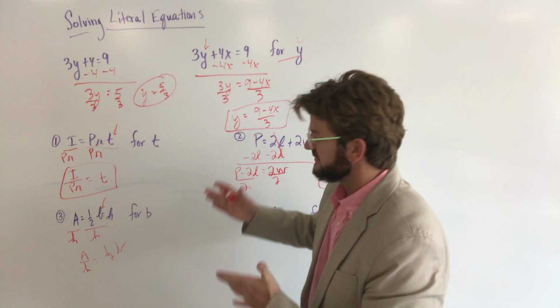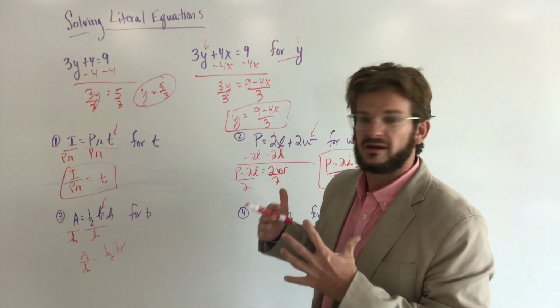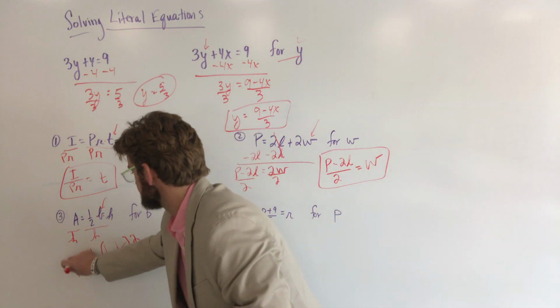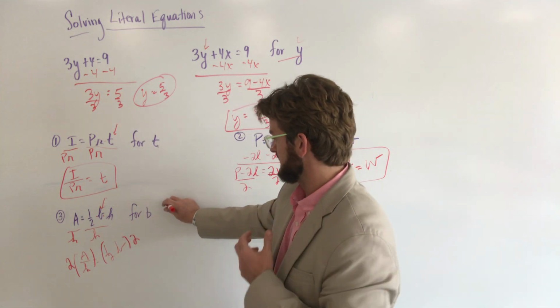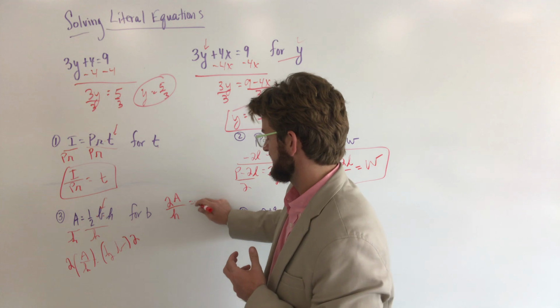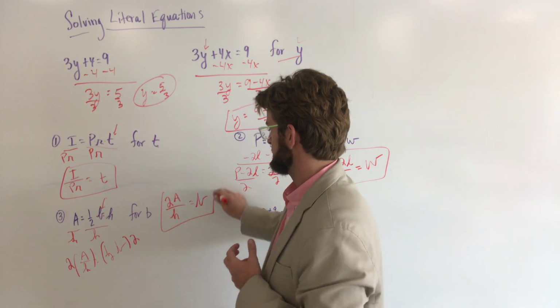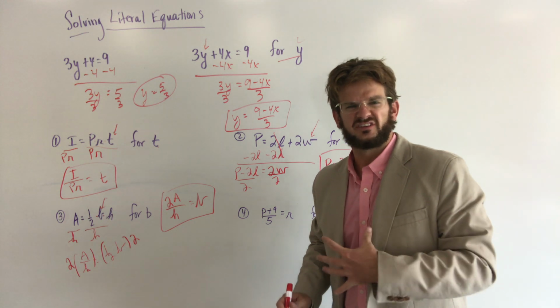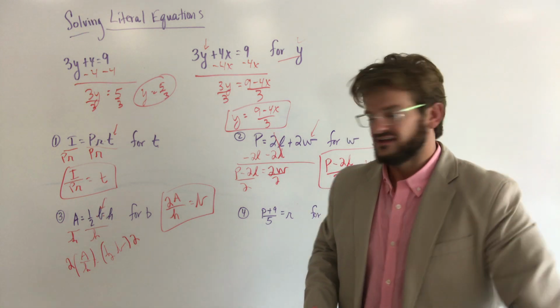And then I can either divide by 1/2 or I can multiply by 2. I'm going to choose to multiply each side by 2. So I end up with my solution being 2A on top over h is equal to b. Notice that b is a cursive b. It just helps us make it look not like a 6.